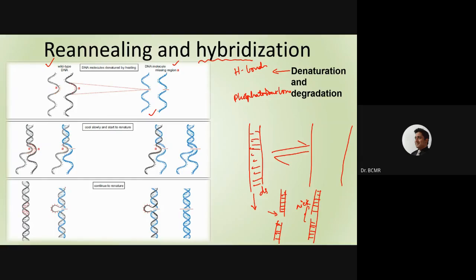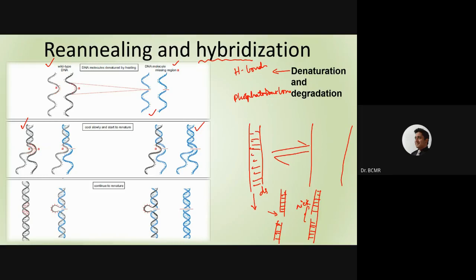If you mix them up and allow them to renature slowly by bringing down the temperature gradually, you can form different types of molecules, where wild type strands come together and the mutant ones come together.